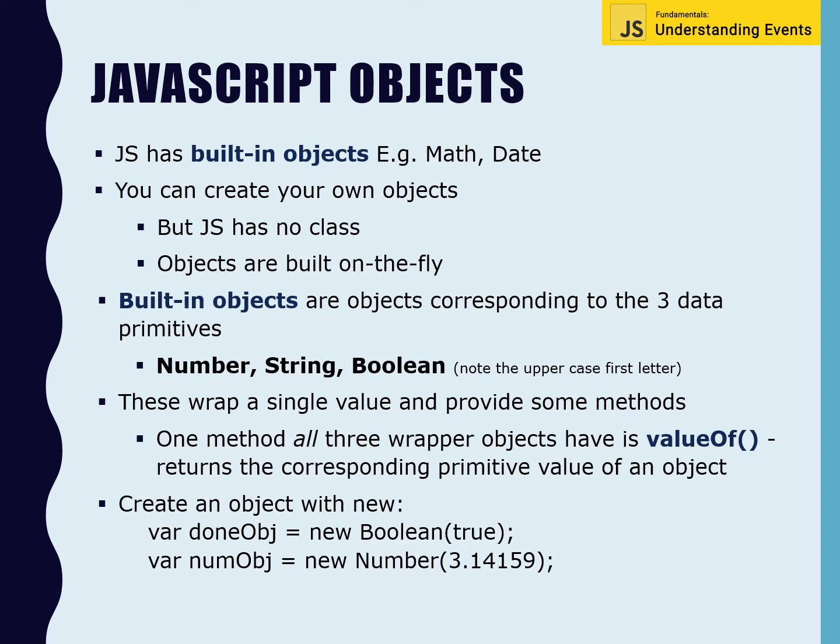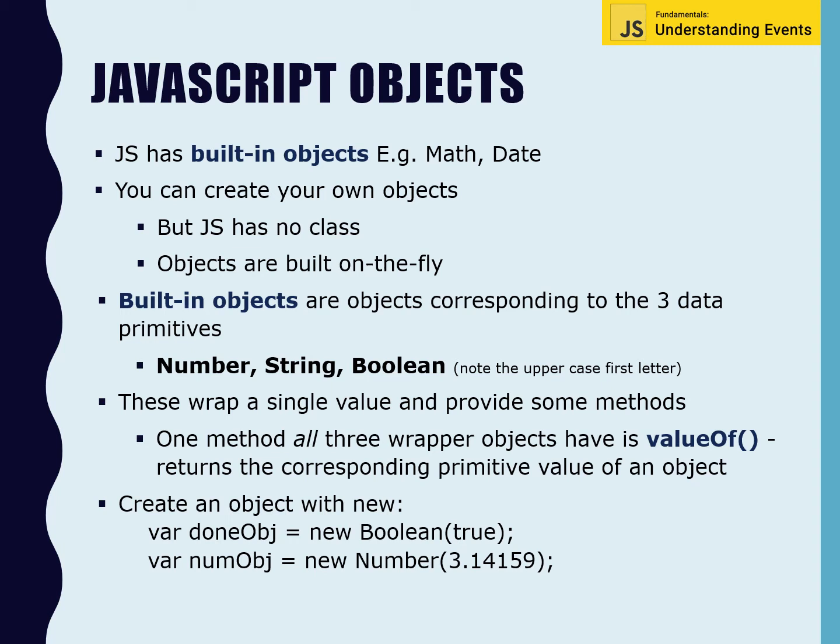These data types wrap a single value and provide some methods. One method all three wrapper objects have is valueOf. All these three data type objects have a common function, termed valueOf. This valueOf function returns the corresponding primitive value of an object.